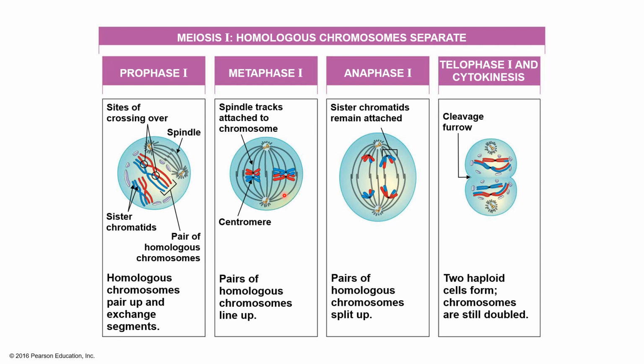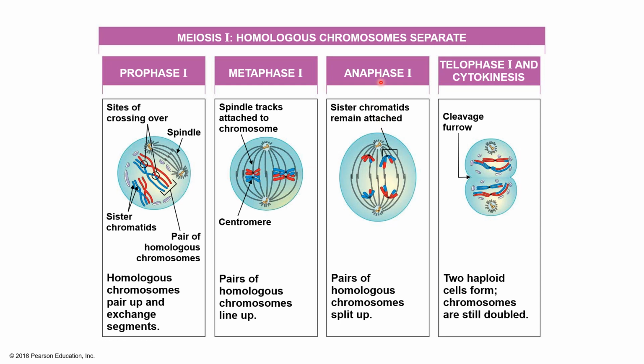Then we move on to metaphase 1. In metaphase, the spindle fibers are going to grab onto the homologous chromosomes, and they're going to line up in the middle of the cell. And again, your homologous chromosomes are lined up next to each other. So they are paired up next to each other like so, and they are basically right there in the middle of the cell.